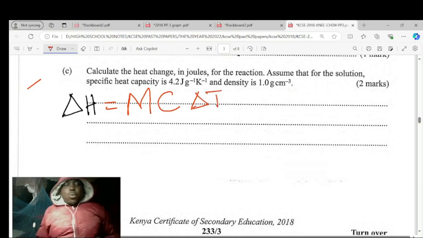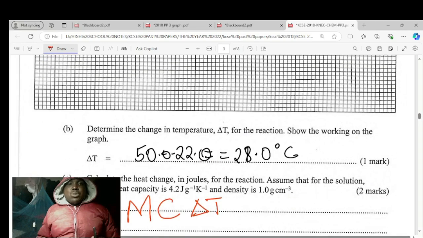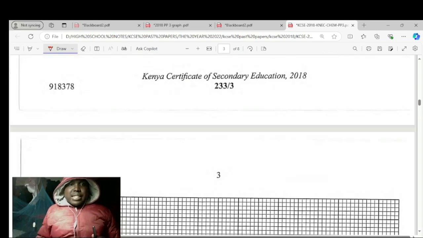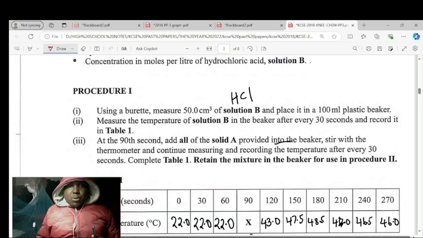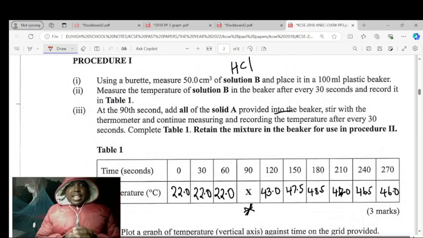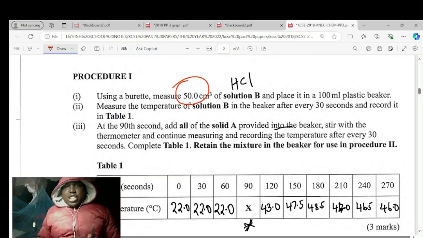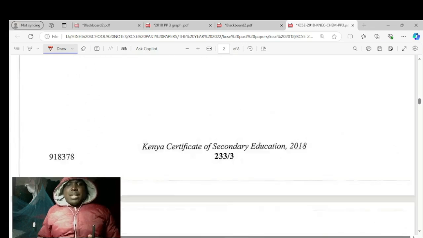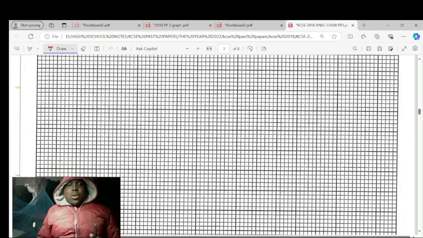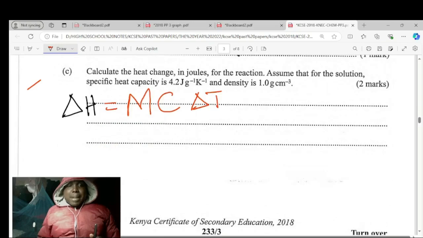Now, what volume of the solution did we use? We had put into the beaker 50 centimeters cube of solution B. This is what is guiding us. The solution that was used, because capital M, when we are calculating heat change, the M is the mass of the solution.